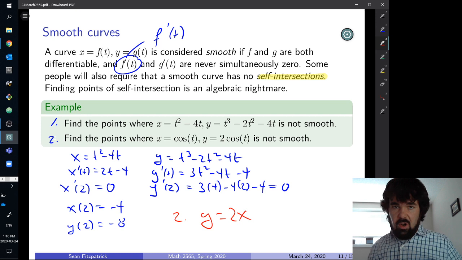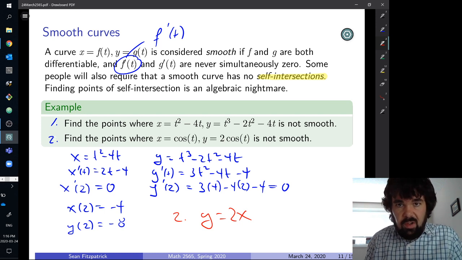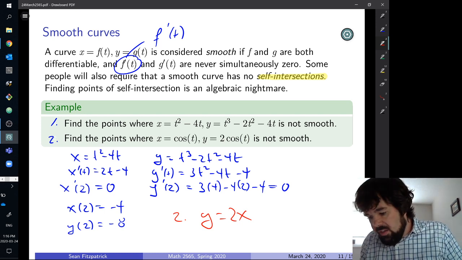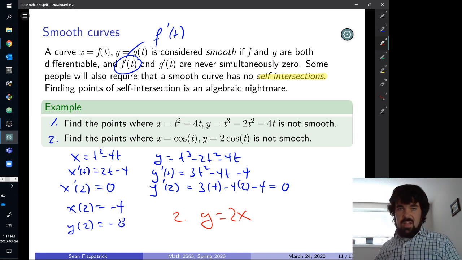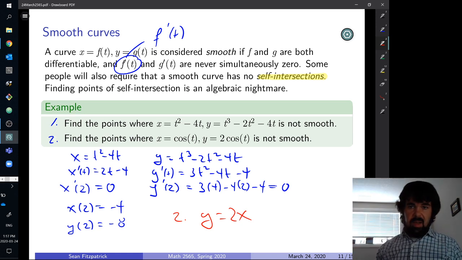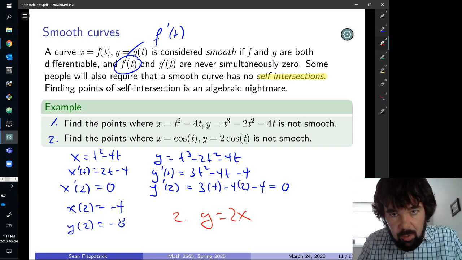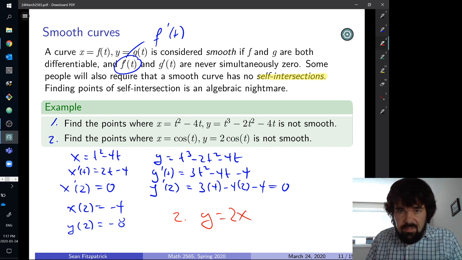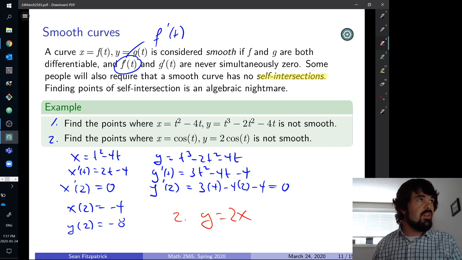Because x is just going to go between -1 and 1, because cosine goes between -1 and 1. And so it's actually just a segment of the line, and you just keep going back and forth, back and forth, back and forth between the two ends. And so those ends of the curve, the ends of the line segment, those are the points where it's not smooth. So you can have things like that happen, which are kind of funny.